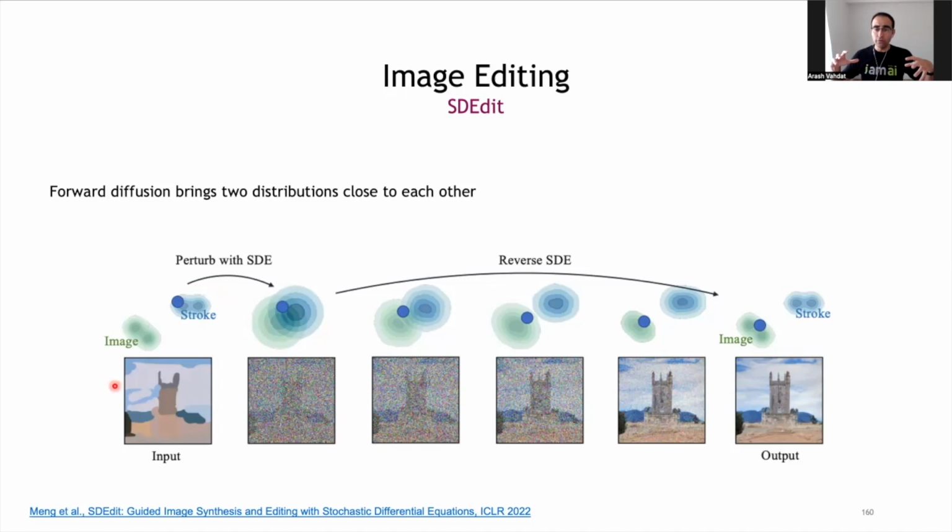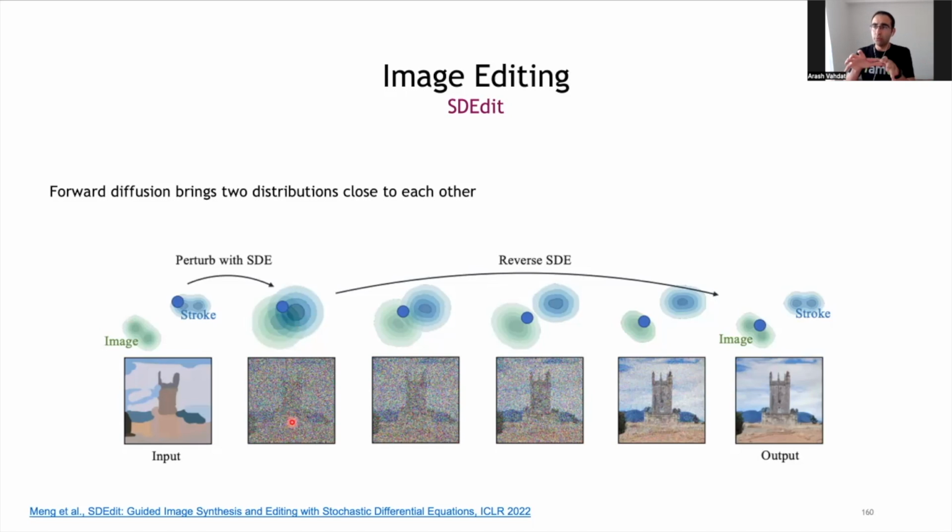But if we follow the forward diffusion process, these two distributions will start having overlaps with each other. Because of the definition of the forward diffusion process, we know that if you have two distributions and you diffuse the samples in those two distributions, the distributions will start having overlap. This forward diffusion simply corresponds to adding noise to the input stroke painting.